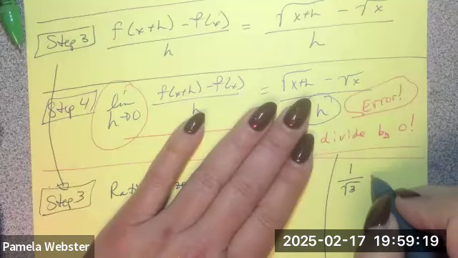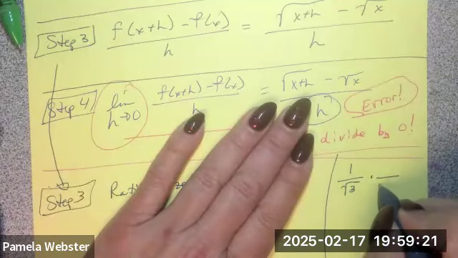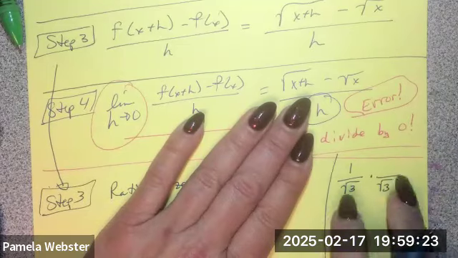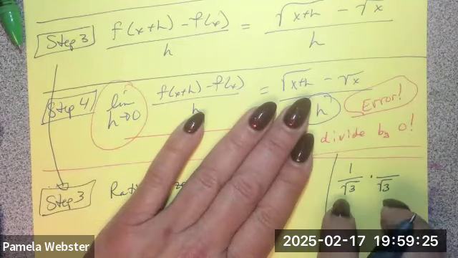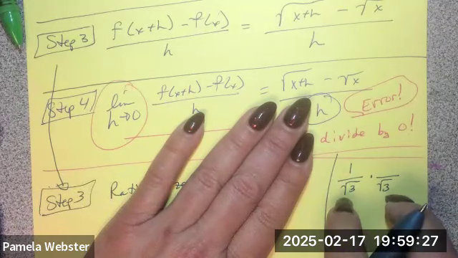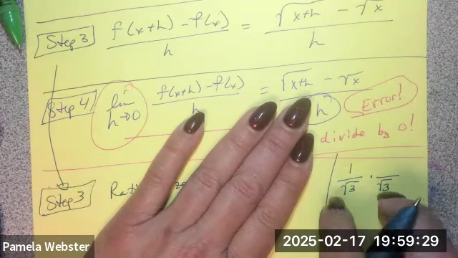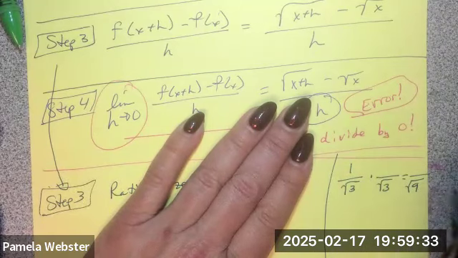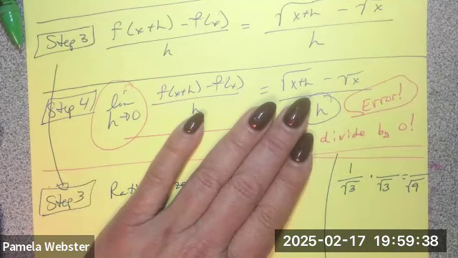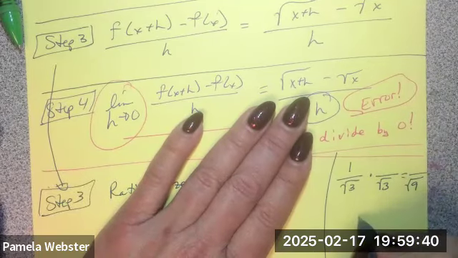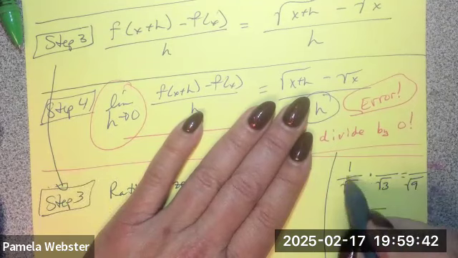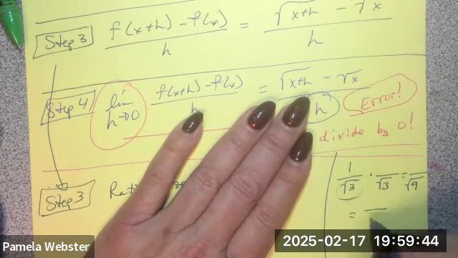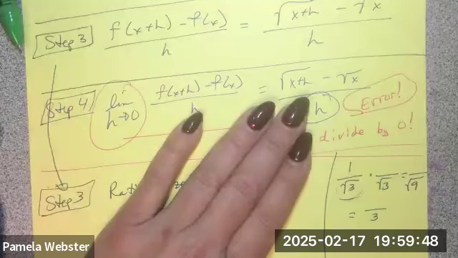So you might have done something called rationalizing the denominator, which was basically if I multiply square root of 3 times square root of 3, then I can do that math, and now I have square root of 9 in the bottom. Well, what's square root of 9? That's just a 3. And so by multiplying by whatever this radical is, I actually get rid of the radical out of the denominator.